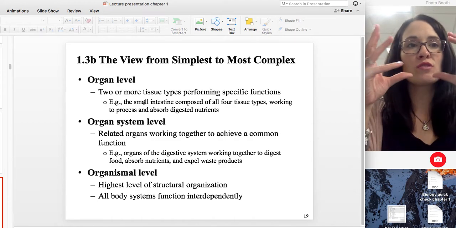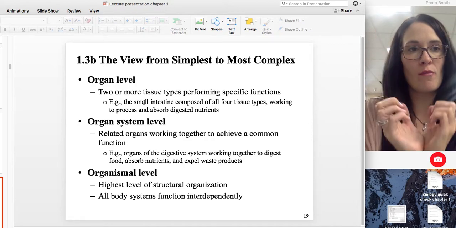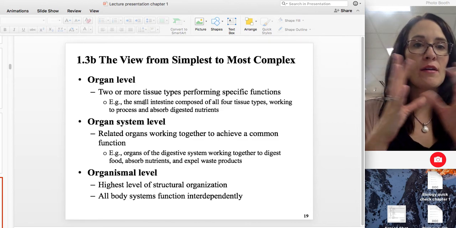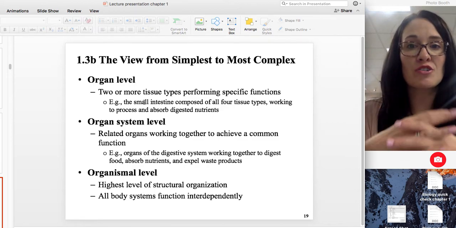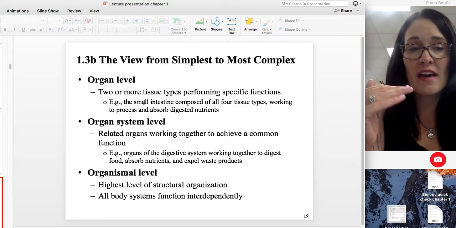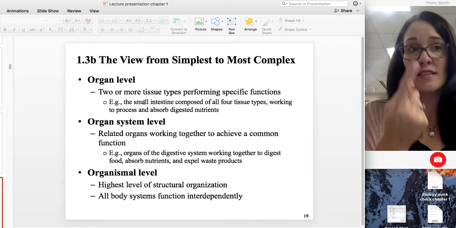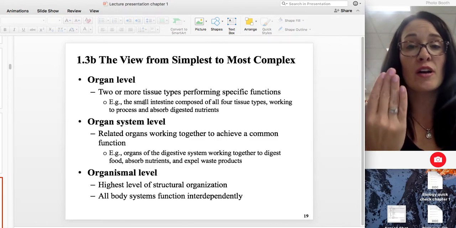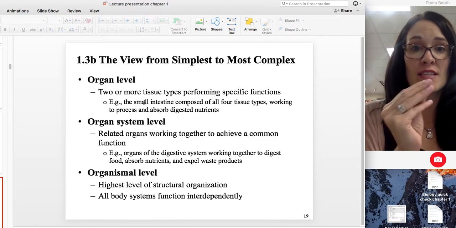Organ system. Different organs make up organ systems. They're related and they achieve a common function. With that example, the small intestine, the large intestine, the stomach, the esophagus, etc. are all organs that make up the digestive system.